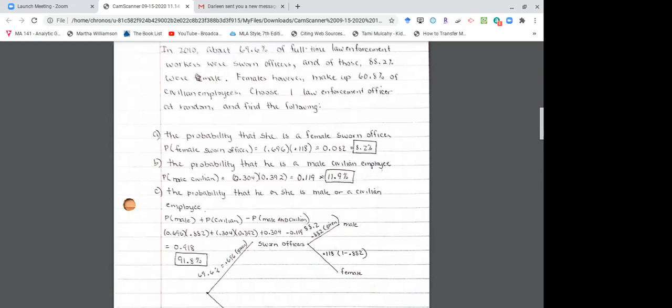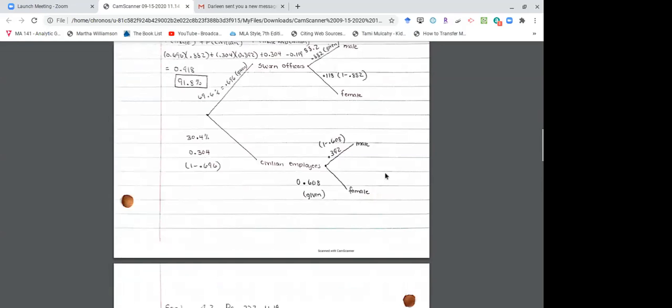So 60.8% of the civilian officers were female. You could have put female up here and male down here, as long as you put the percentages in the right place. But when you finish, you should have percentages on every branch, and the sum of the probabilities on the branches in the same layer should equal 1 or 100%.